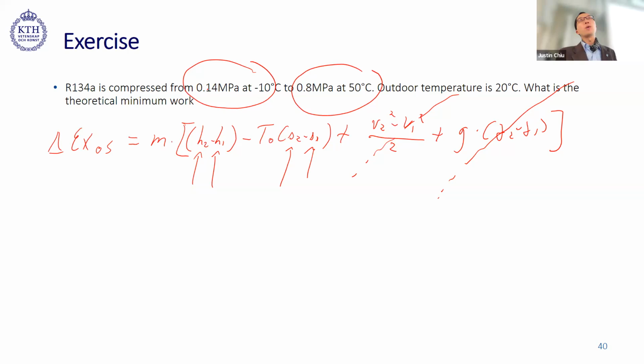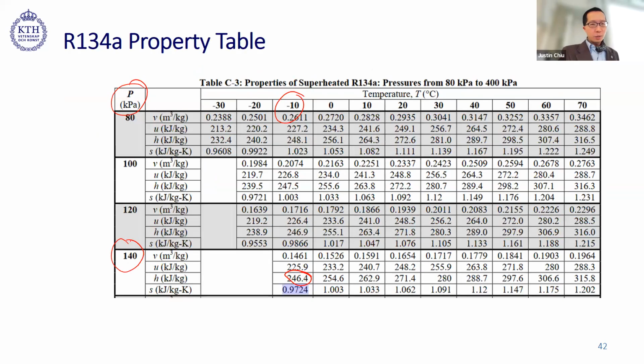Because here we're at 140 kilopascal, right? So this is condition 1, the initial condition, and then we are at minus 10 degrees. So now we see the H. This is our specific enthalpy value because it's per kilogram, and specific entropy value because it's also per kilogram.